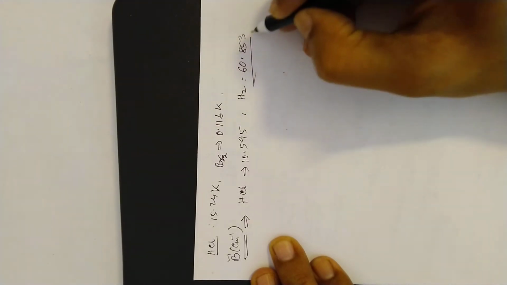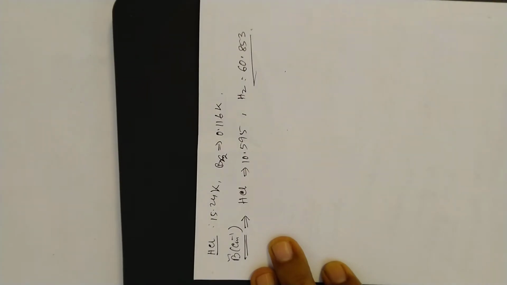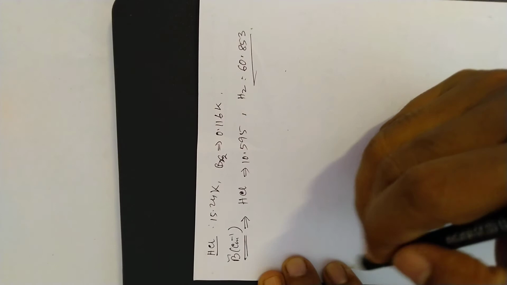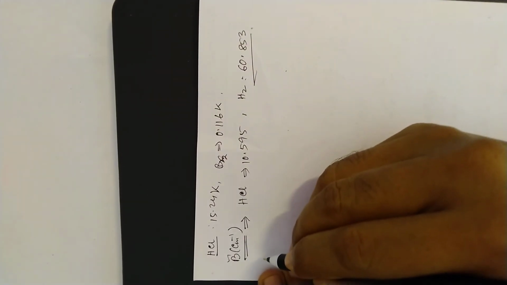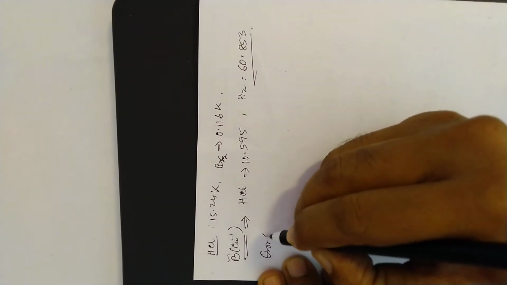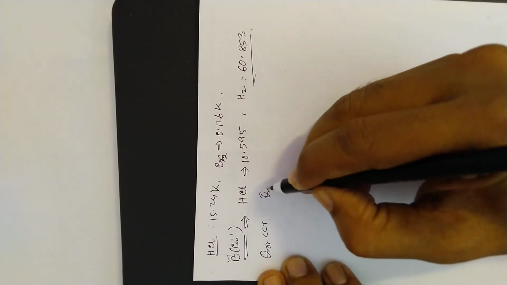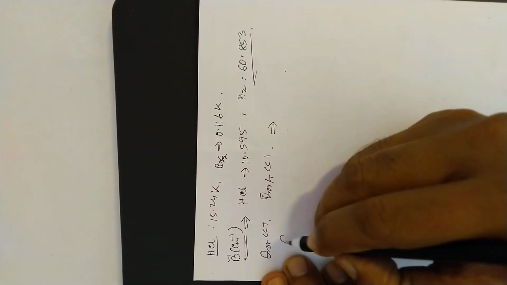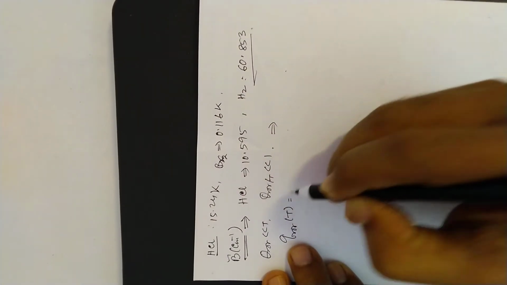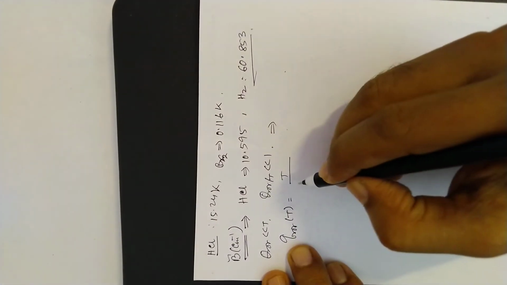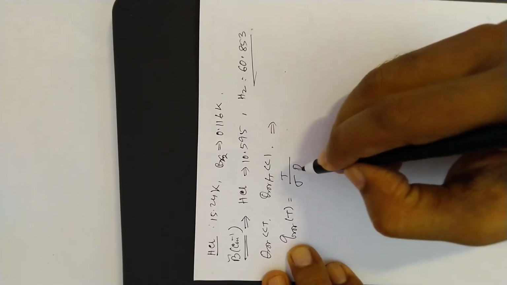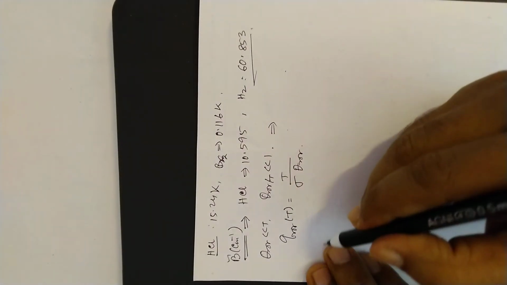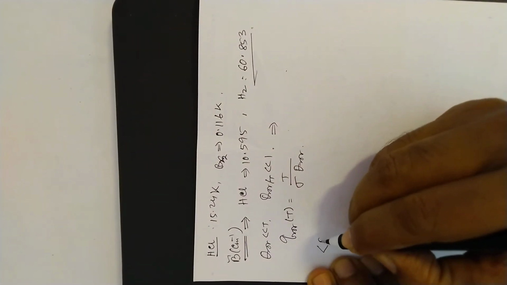So given this, we will consider from now onwards that our temperature is such that theta rotational by T is much less than 1, so that we can take Q rotational equals T by sigma theta rotational. And given this, we will try to find out what our E rotational is.